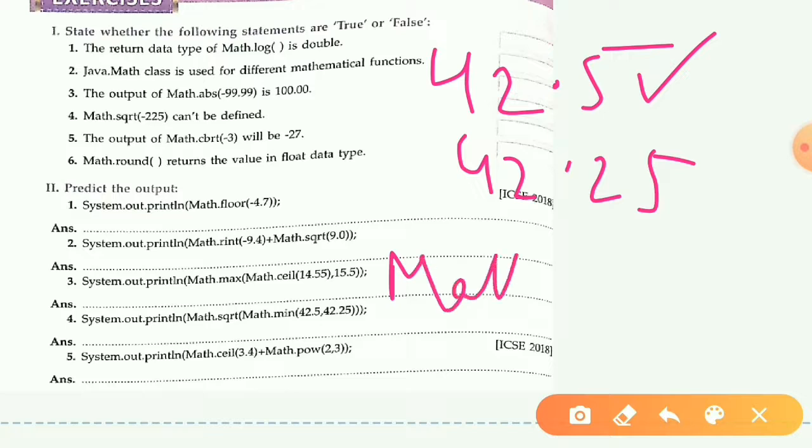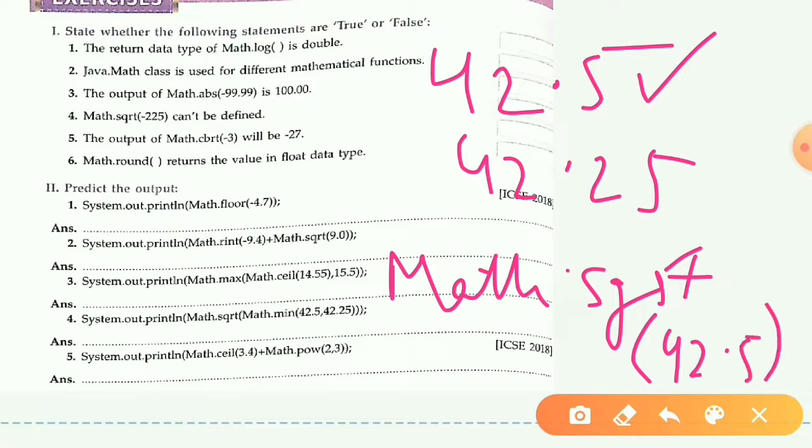Math dot square root, in bracket you will be getting 42.25. Now calculate the square root of 42.25. You will be getting 6.5 as an answer. So for the fourth one, your answer is what? 6.5. Please try to do these questions on your own firstly, okay, and you can let me know always in the comment if you face any problem with the same.